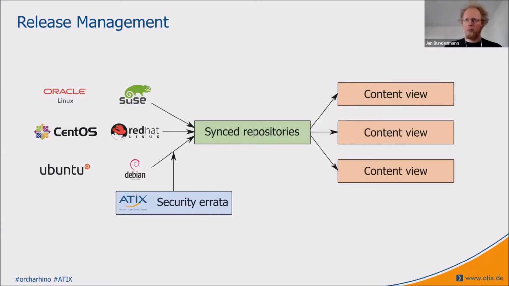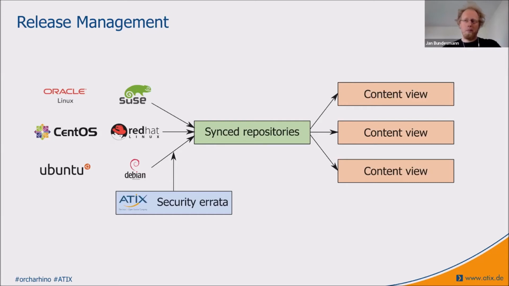Why is this important? You want to have control over the software versions. So in terms of stability and production readiness, you might want to control if a certain library is in this or that version. So you want to keep it stable. And on the other hand, you want to keep the system secure.